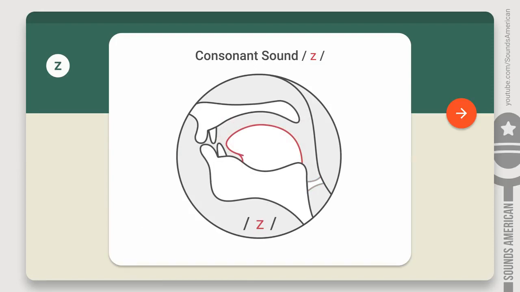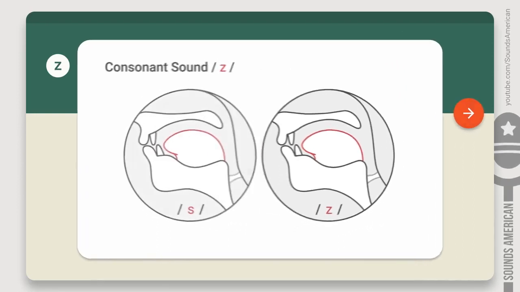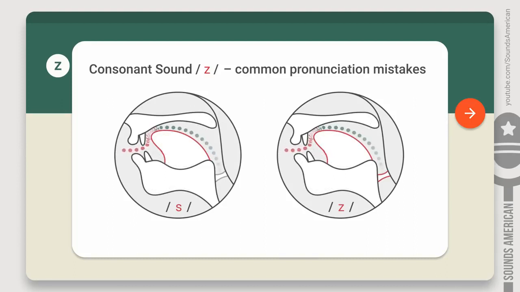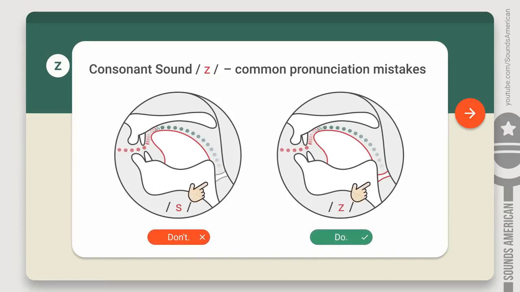Here are a few typical mistakes that people make when pronouncing this sound. Number 1. The most common mistake is that non-native speakers devoice the Z sound when it occurs at the end of words. Many people are not aware that they should pronounce the voiced Z sound.